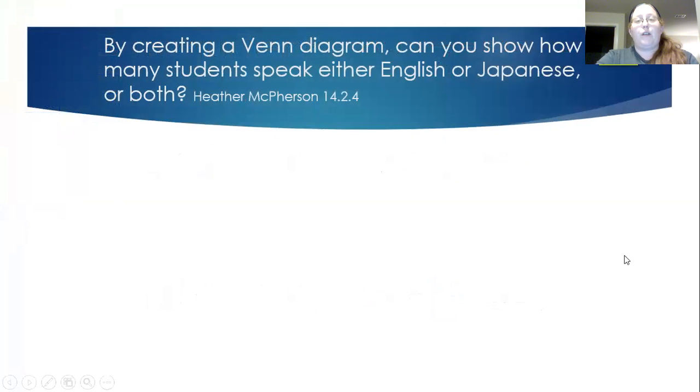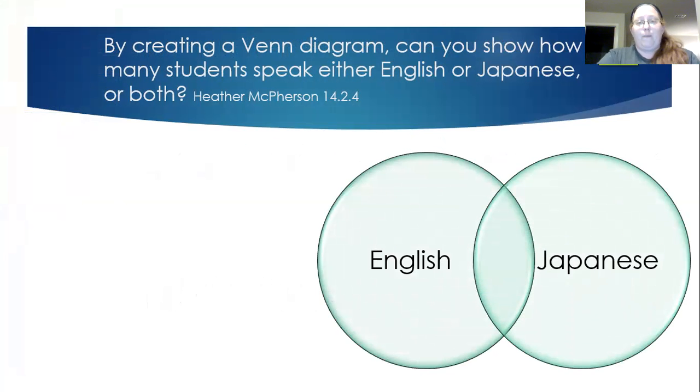Next, we're going to use a Venn diagram, and we want to show how many students in this class speak either English or Japanese, or possibly both. Right here, we have a Venn diagram. On the left is English, right is Japanese, and the middle just shows which ones speak both languages. First, we need a little bit of background information.